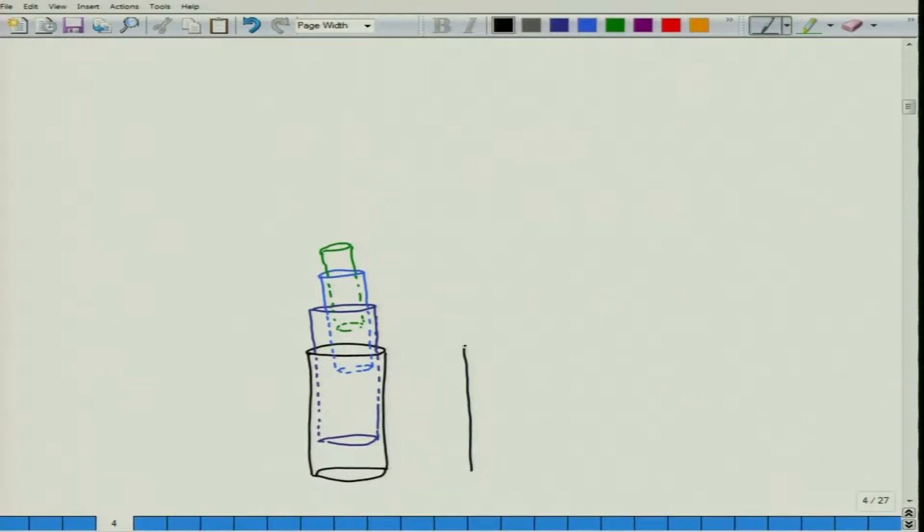You can keep all these tubes together. When they are together, you will have this end followed by a small protrusion here, because most of the second tube is inside. Then you have the third portion, also with a very small protrusion, followed by the fourth portion.